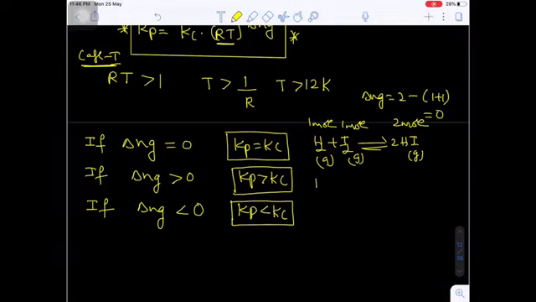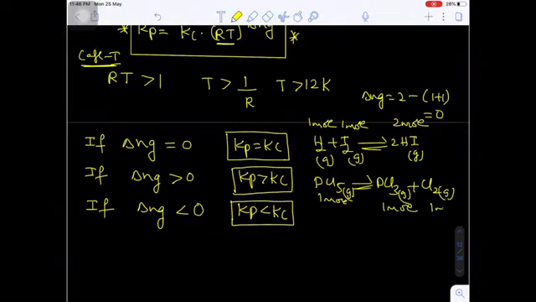Second example, PCl5 in equilibrium with PCl3 plus Cl2. Here 1 mole of PCl5 gas gives 1 mole of PCl3 gas and 1 mole of Cl2 gas. So the delta Ng is 2 minus 1, which is 1, greater than 0.